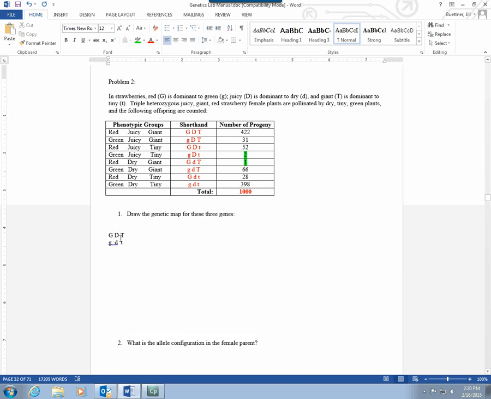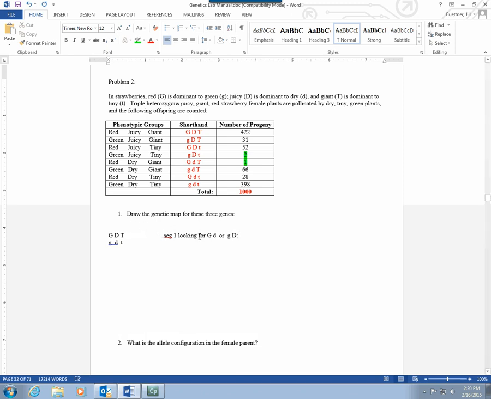Maybe like that. So if you were looking for a segment 1 crossover, it would be a big G with a little d. So segment 1, looking for big G with little d, or little g with big D.